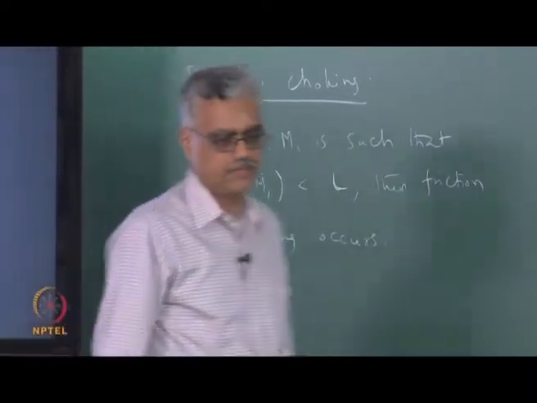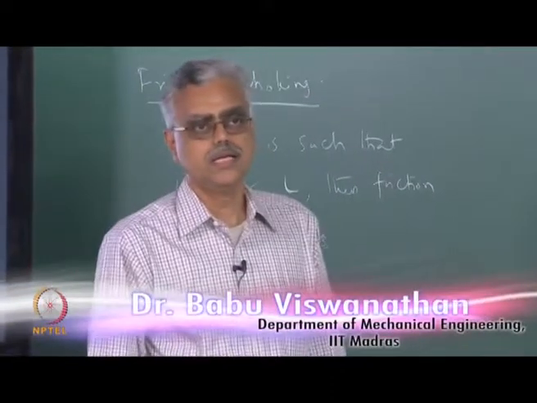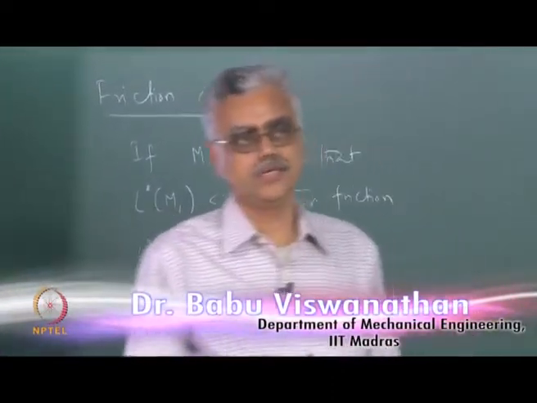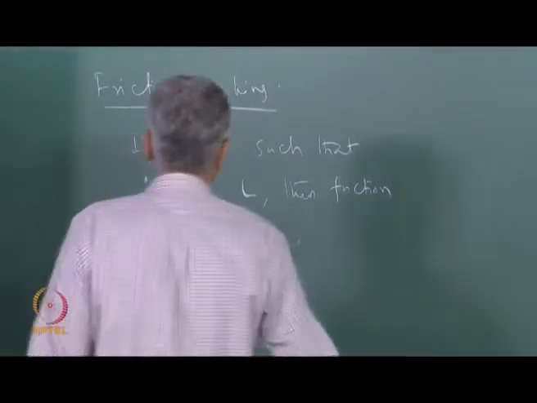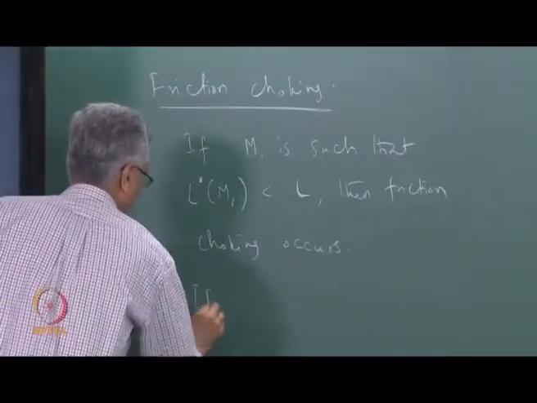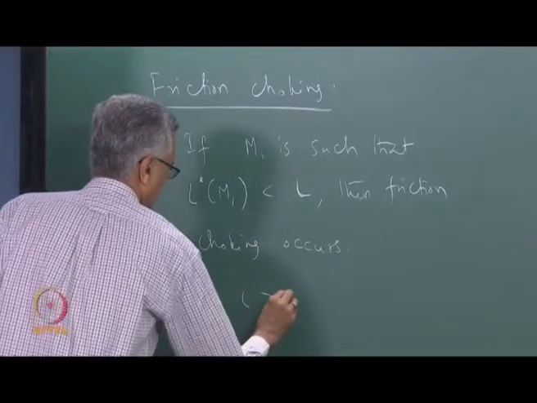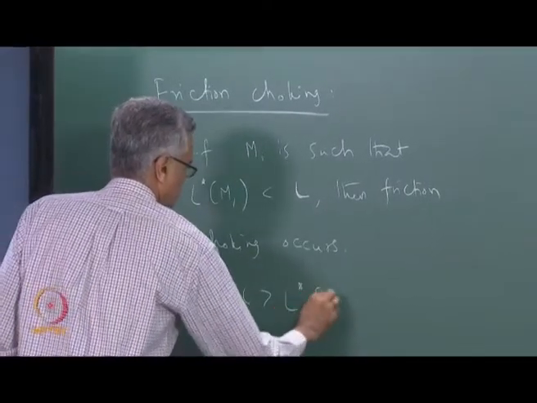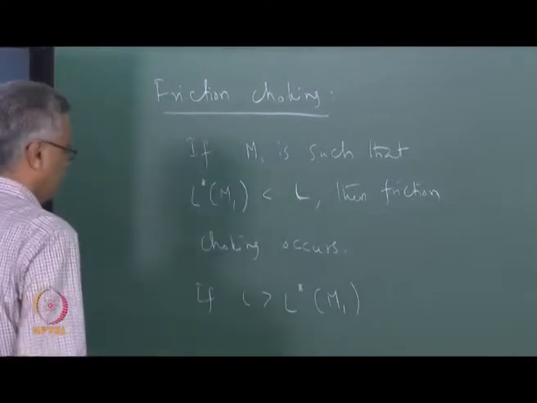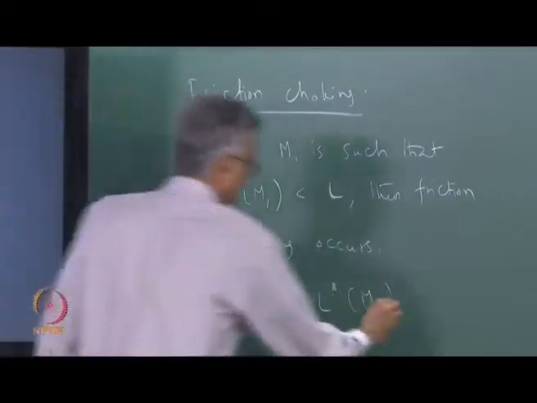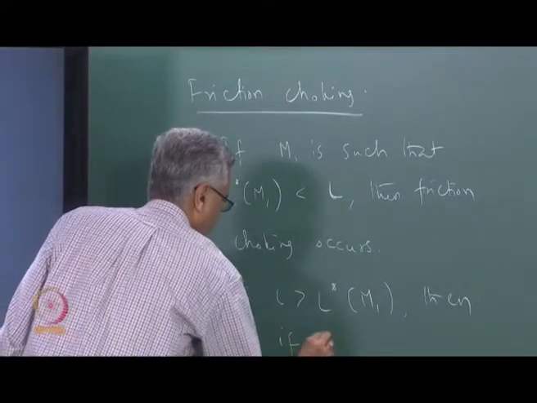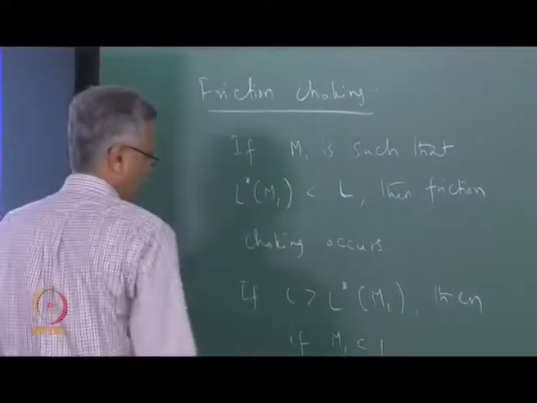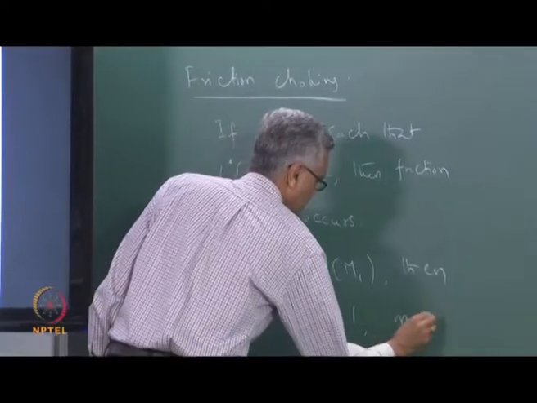And we said that if friction choking occurs, depending upon the length of the duct in comparison to L star, in the subsonic case the mass flow rate is adjusted. So, if for example L is greater than L star corresponding to the given inlet Mach number, then if the Mach number M1 is less than 1, m dot changes.